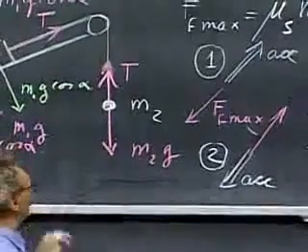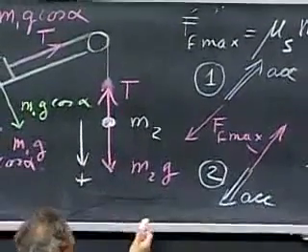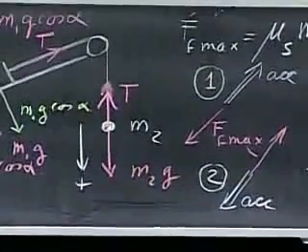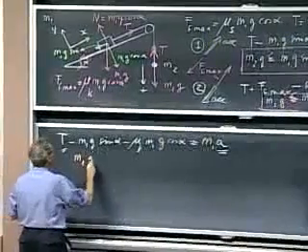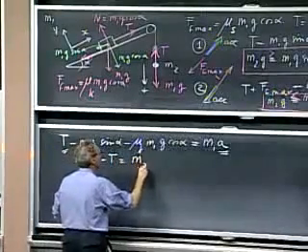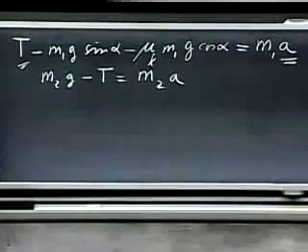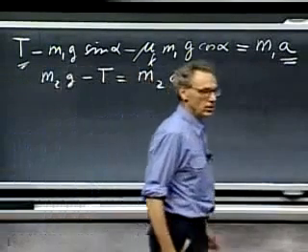So I have a second equation for object number 2. I call this the plus direction. So for object number 2, I have M2G minus T equals M2 times A. It is very important that you see that the tension will change. Now I have two equations with two unknowns. And now I can solve.